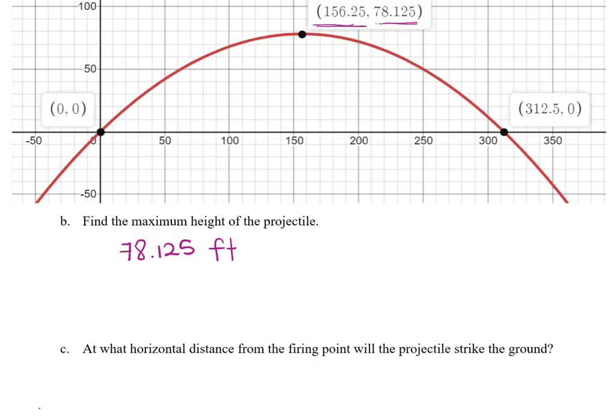We can use the same graph to answer part C, which asks, at what horizontal distance from the firing point will the projectile strike the ground? It strikes the ground right here at this point when the height is 0. And so we know that from the firing point, that's going to be a distance of 312.5 feet.